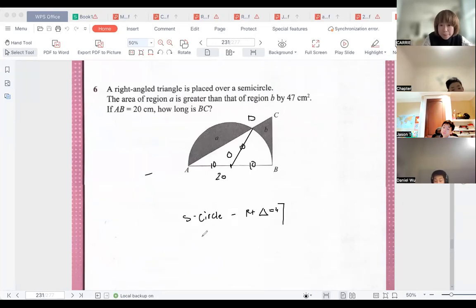Can you understand? So what is the area of the semicircle? Can you send it to me by chat? The area of the semicircle.